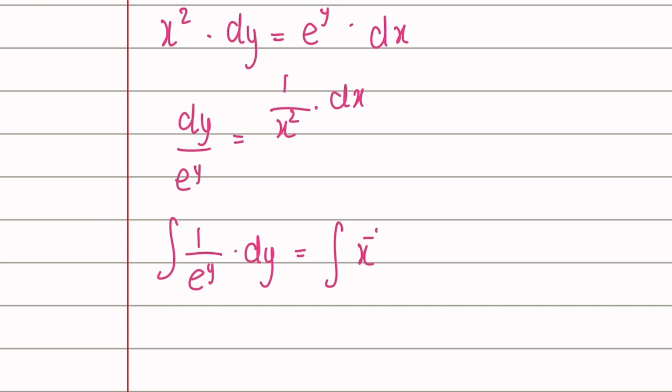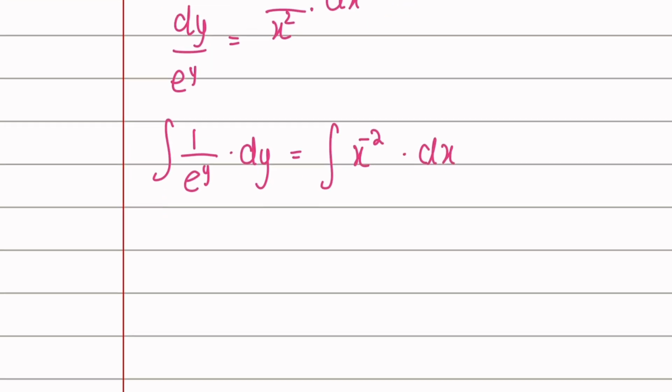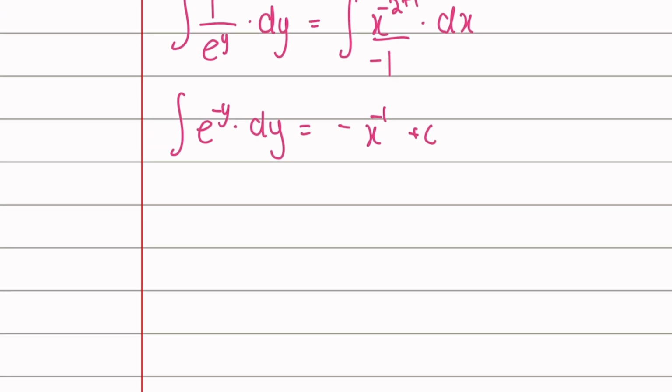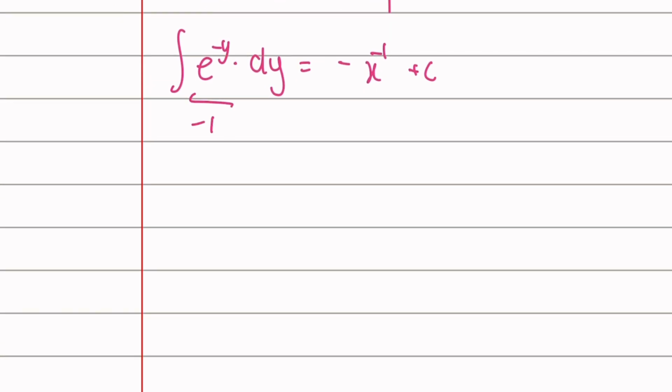I'm going to raise this with a negative power, the same thing for e to the power negative y. Now x to the power negative 2, we can add 1 and divide by the new power, which is going to be negative 1, meaning I'm going to get x to the power negative 1 plus c. On this side, I can just divide by the derivative of the power, meaning it's going to be negative e to the power negative y, which must equal negative x to the power negative 1 plus c.